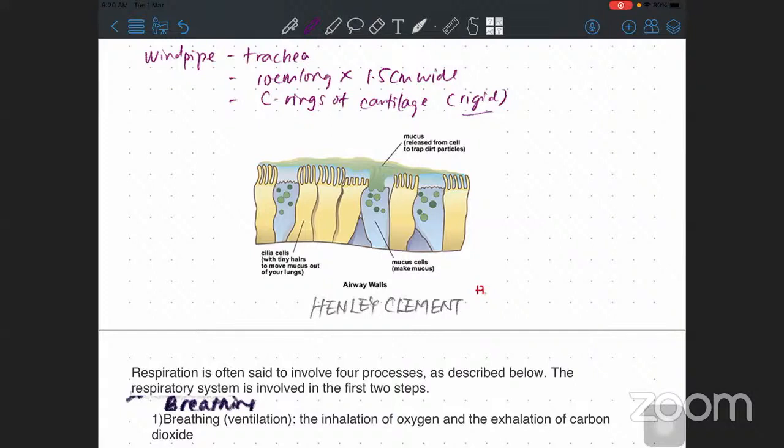Two types of cell here. One is ciliated epithelial cells, and then this one is mucus cells. You may find in some diagrams you have this one.